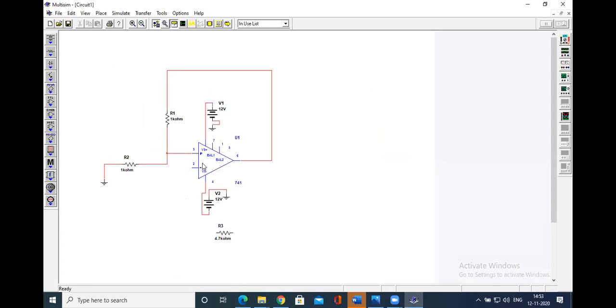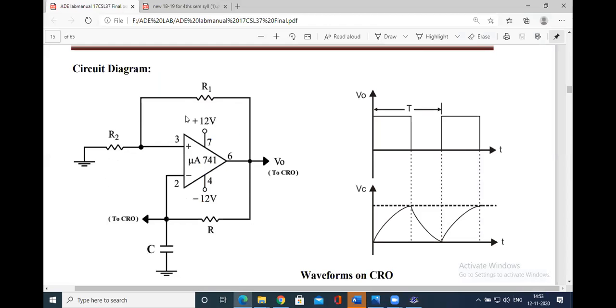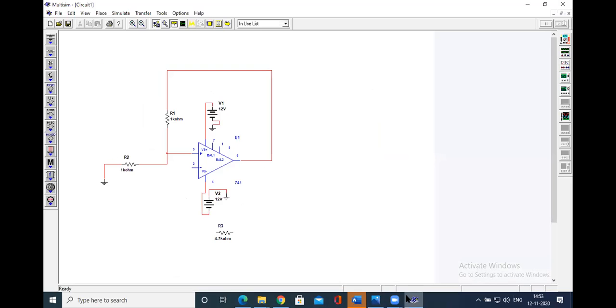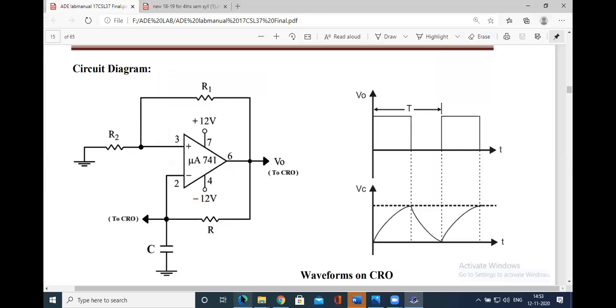Again, in between 2 and 6, we have to connect a resistor of 4.7 kilo ohm. So take a resistor, connected. Another part connected. Now compare the circuit.